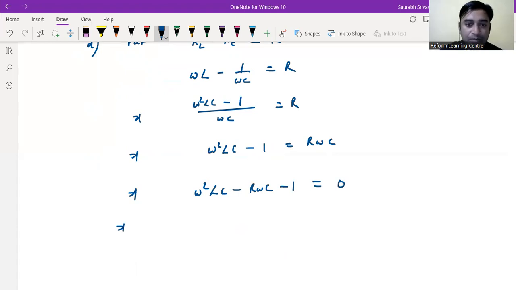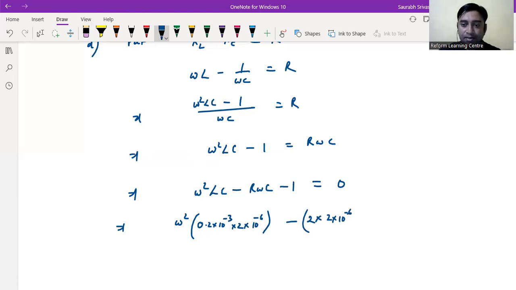Now put the value of L and C. Omega square. L is what? 0.2 into 10 to the power minus 3. C is 2 into 10 to the power minus 6. Minus. R कितना है? 2. What is C? 2 into 10 to the power minus 6 into omega minus 1 equal to 0.